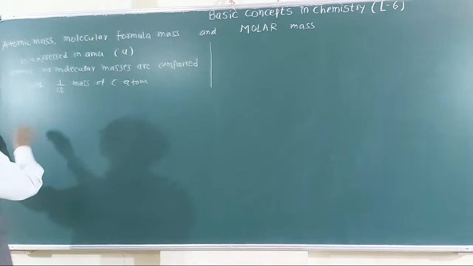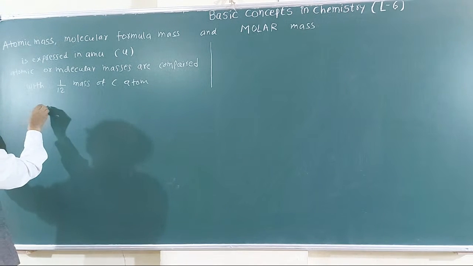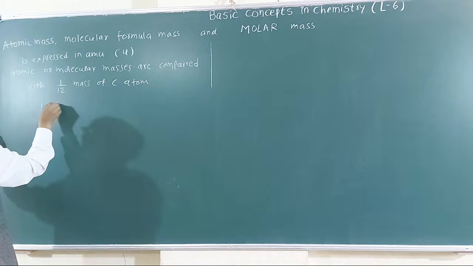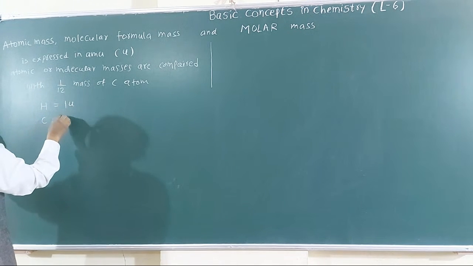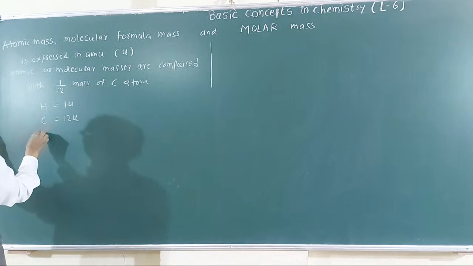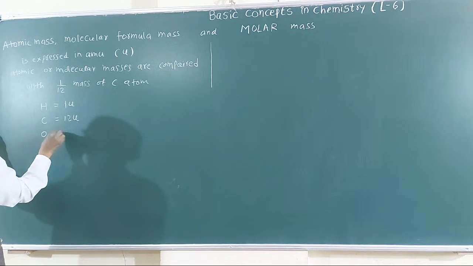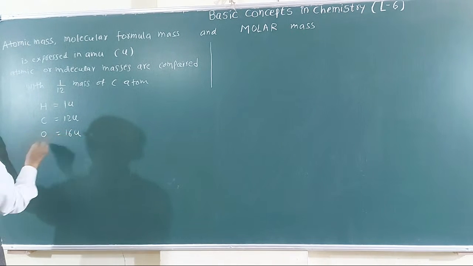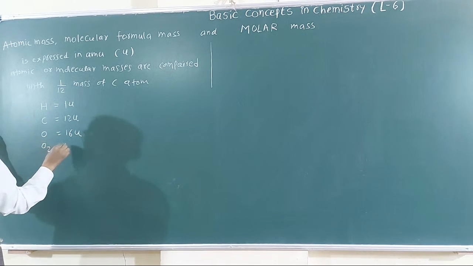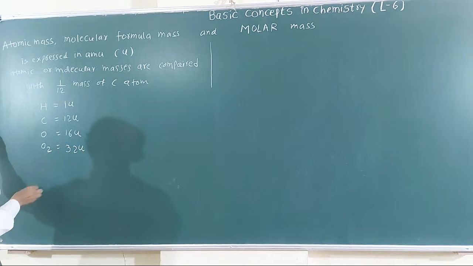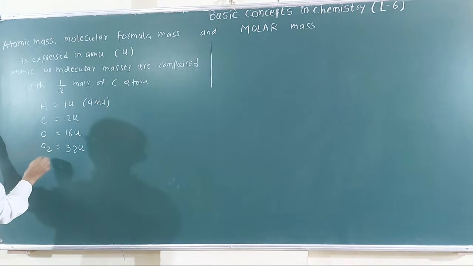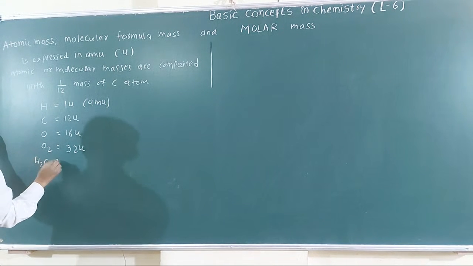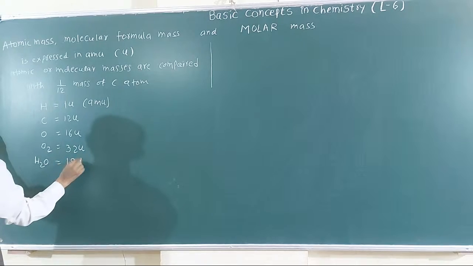Right? For example, hydrogen is 1 unified mass, carbon is 12 unified mass, oxygen is 16 unified mass, an oxygen molecule is 32 unified mass, and H2O is 18.